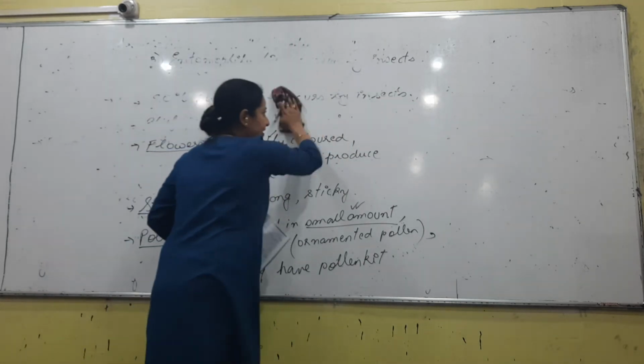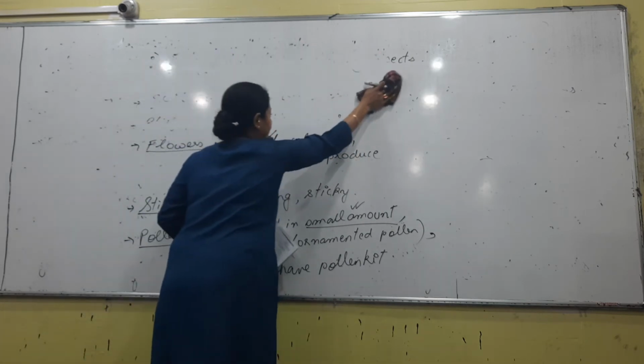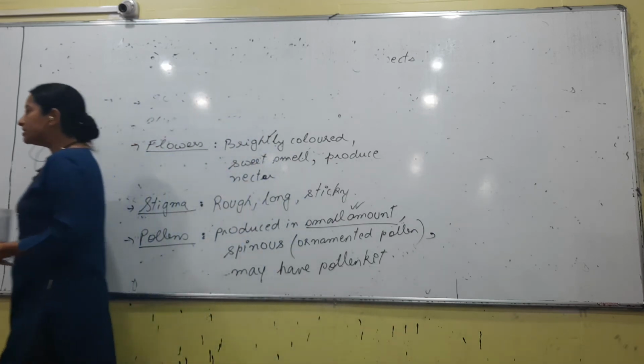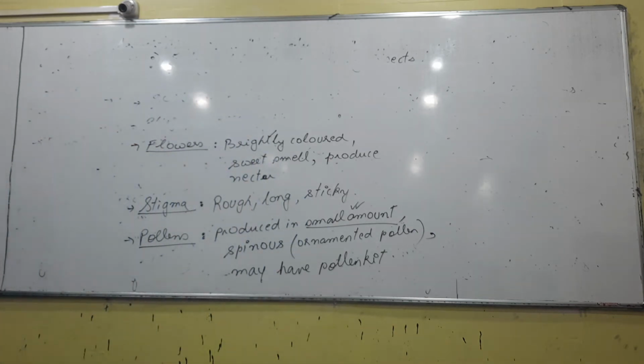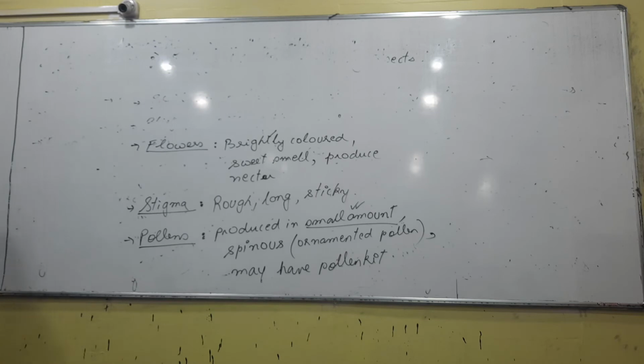Chief pollinator, what is it? Honeybee. What is the most common type of pollination that you see in case of plants? New student, what is your name? Okay. The question is, which is the most common type of pollination?